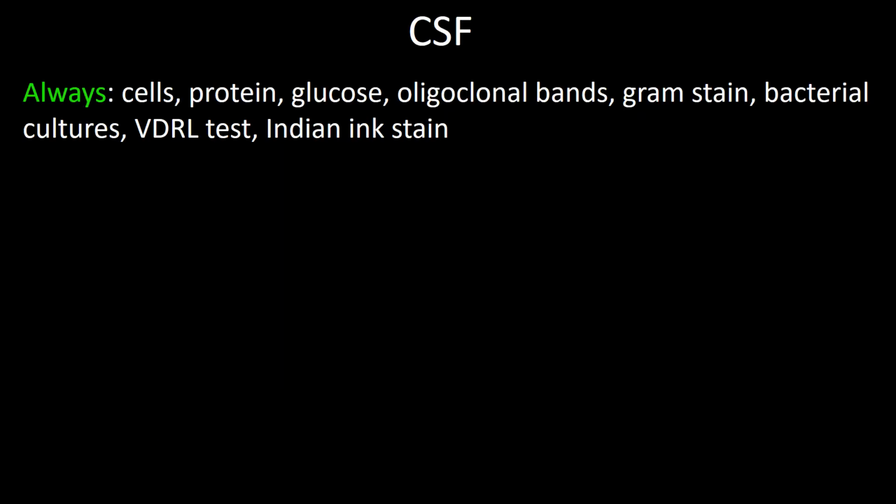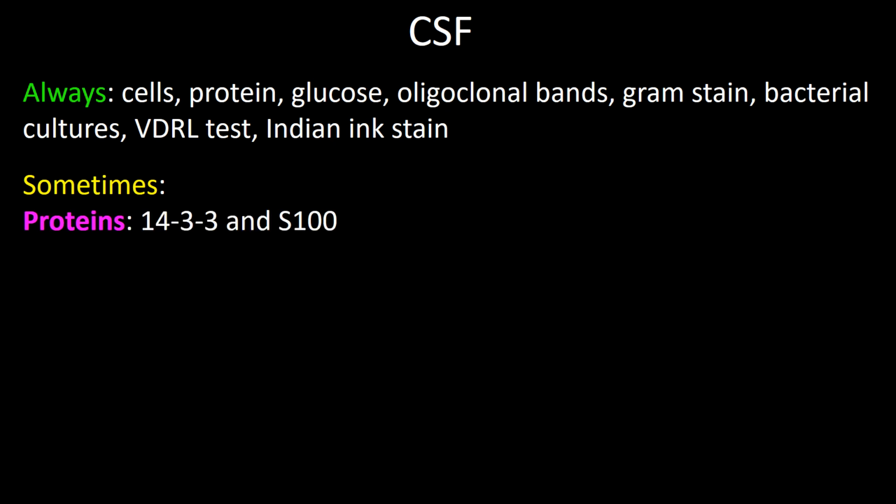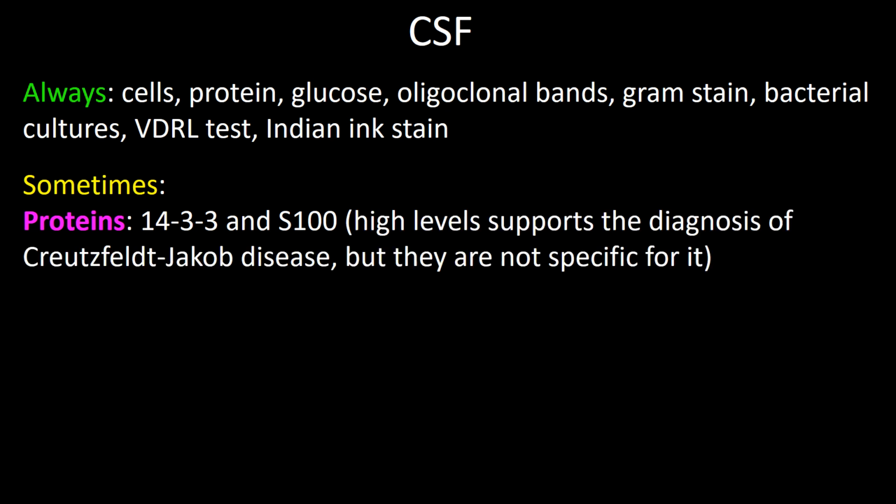In addition, according to the clinical picture, CSF should sometimes be sent for special proteins, such as protein 14.3.3 and S100. High levels of these proteins support the diagnosis of Creutzfeldt-Jakob disease, but they are not specific for it.